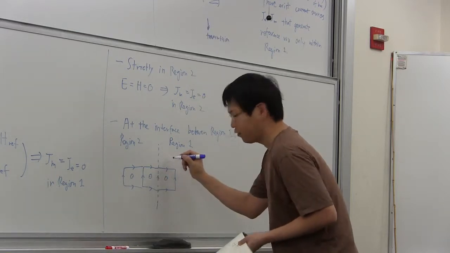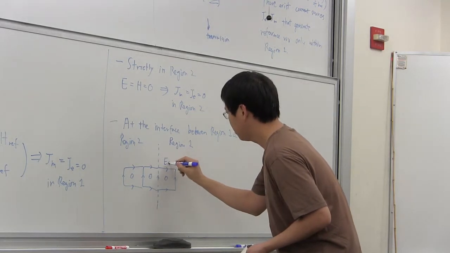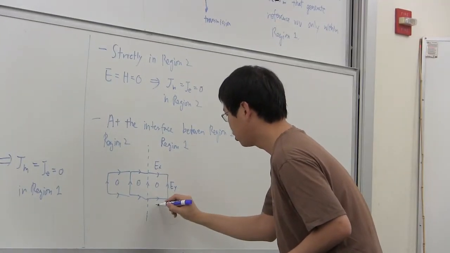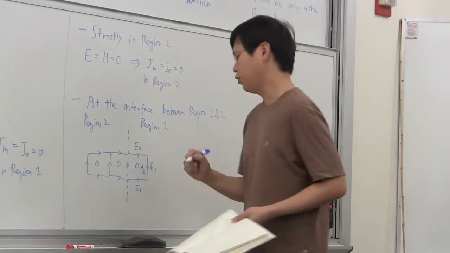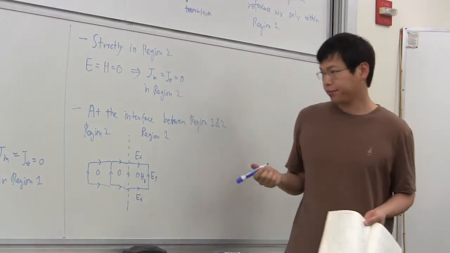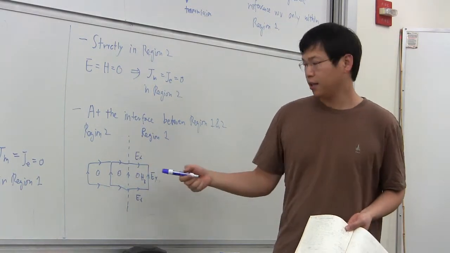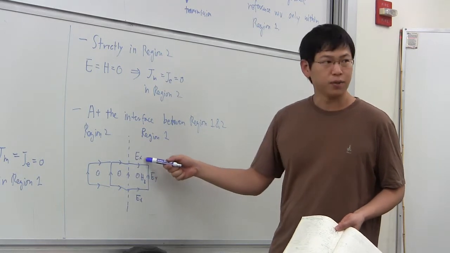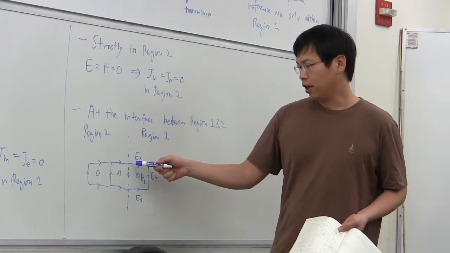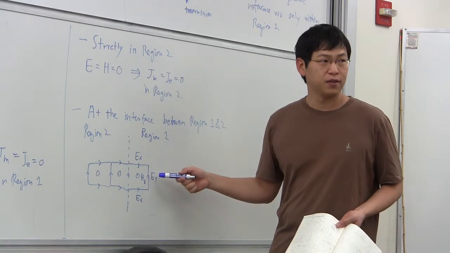So we have a Yee grid, and these are E_x, E_y, and H_z components. And I said that region 1 includes this boundary, right? So for this curl loop, the E fields are all E field of the reference wave.